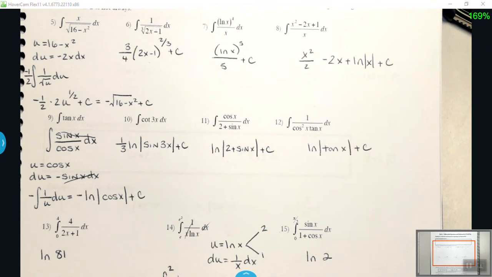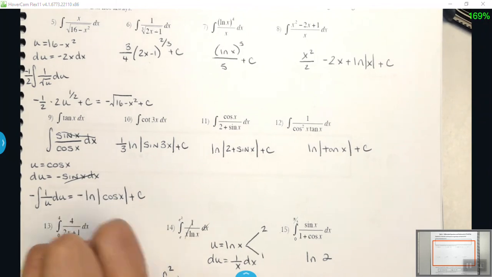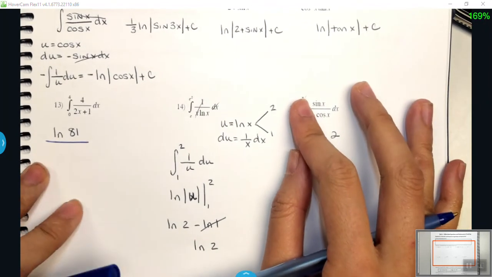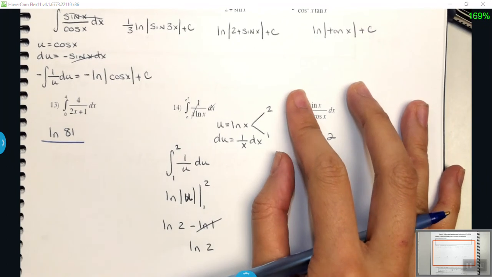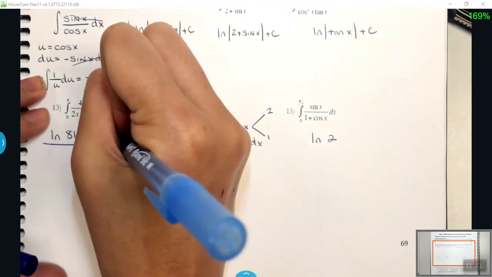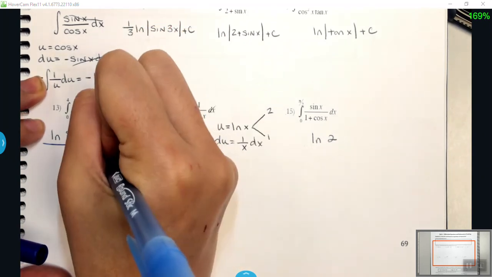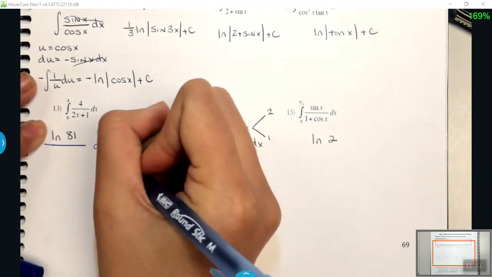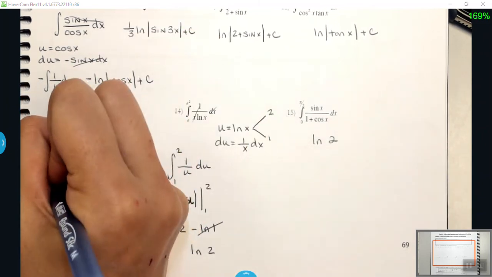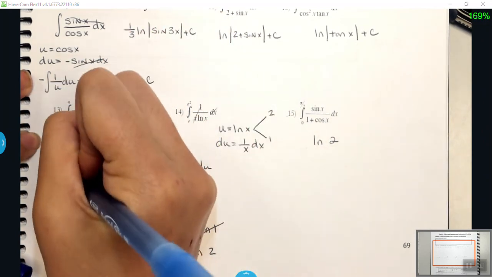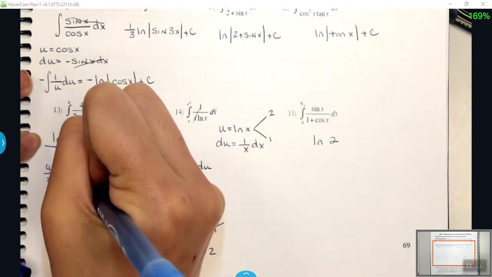Do 13? Okay, so make u be 2x plus 1. So du is 2 dx. So I'm going to bring out the 4, and then I'm also going to divide by 2. Integral of 1 over u du.